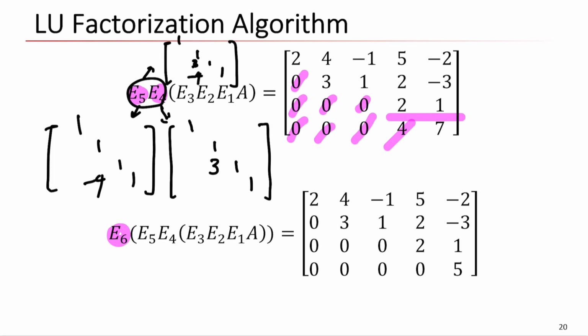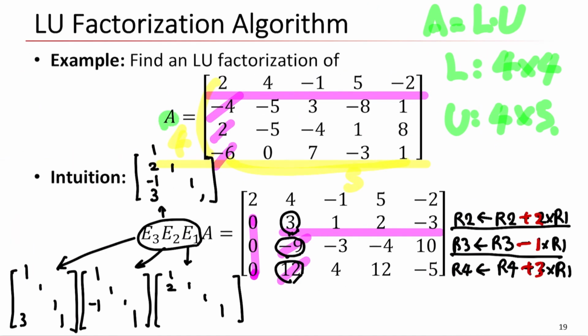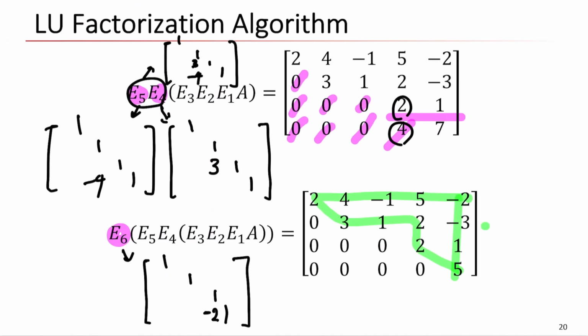What is the elementary matrix 6 here? From this one and this one, elementary matrix 6 should be something like that, right? Okay. Then finally we get the echelon form of the matrix A. So this is the matrix U.